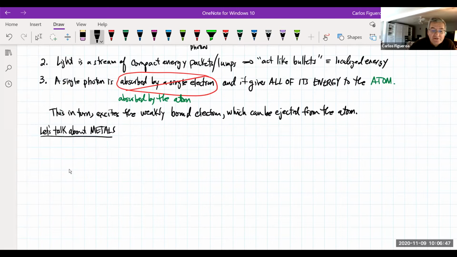And what you're going to find here is that when we're talking about metals, metals have the property that some of their electrons are loosely bound. That's what makes it a good conductor here, right?